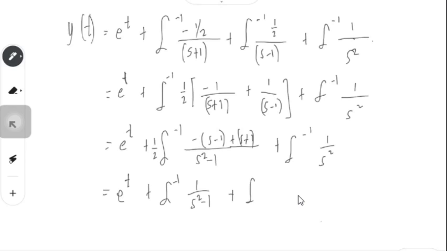Sir, hindi po ba dapat 2 over S squared minus 1 po? Multiplied by 2 eh. Tama, you have there 2. Negative 1 is positive 1 plus 1, 2. Multiply natin ng 1/2. Magka-cancel yung 2. 1 na lang. Okay po, sir.